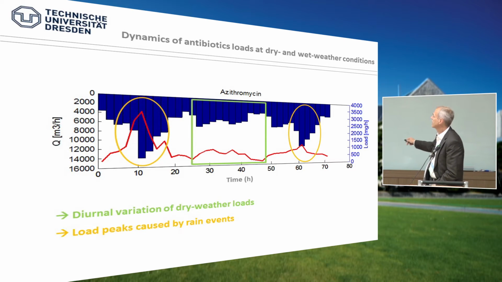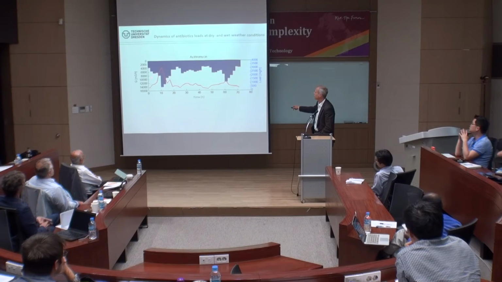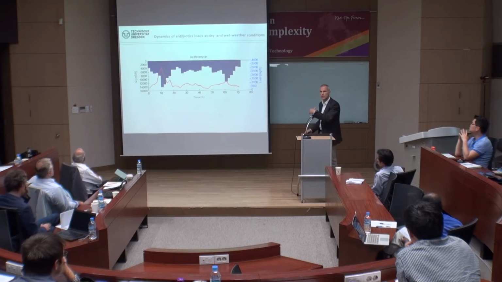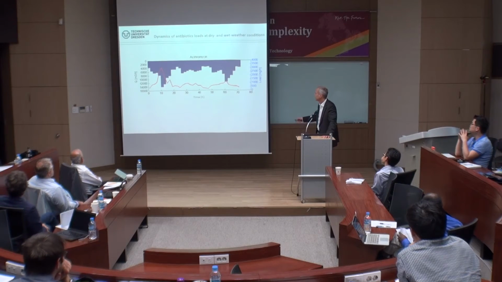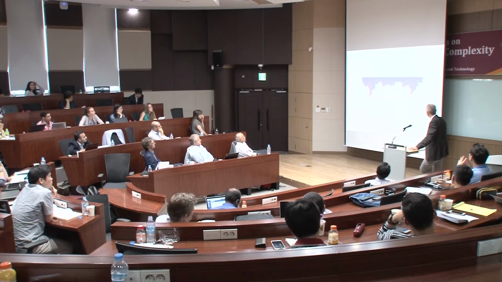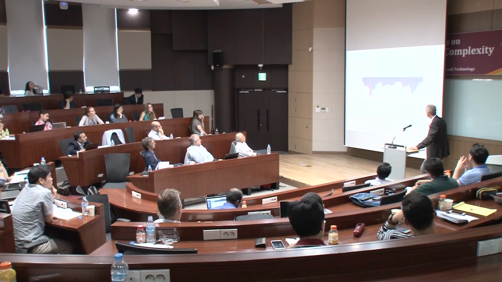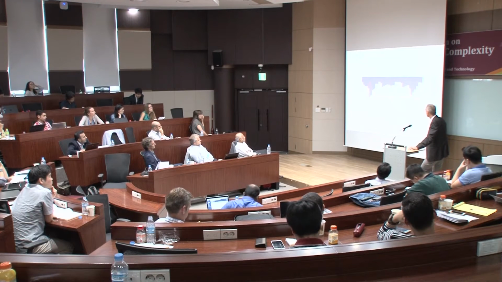So this is kind of the average diurnal variation, and those two peaks are exhibiting stormwater runoff. Then on the right axis, what you see is the load of this antibiotic.